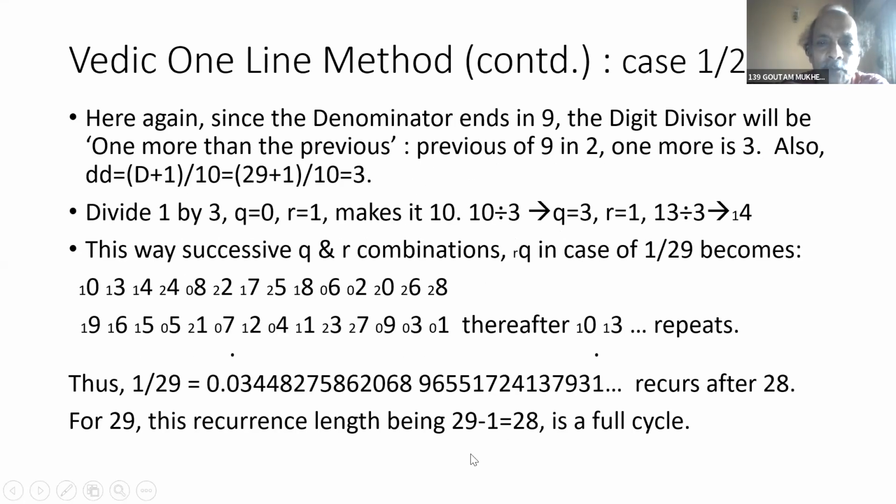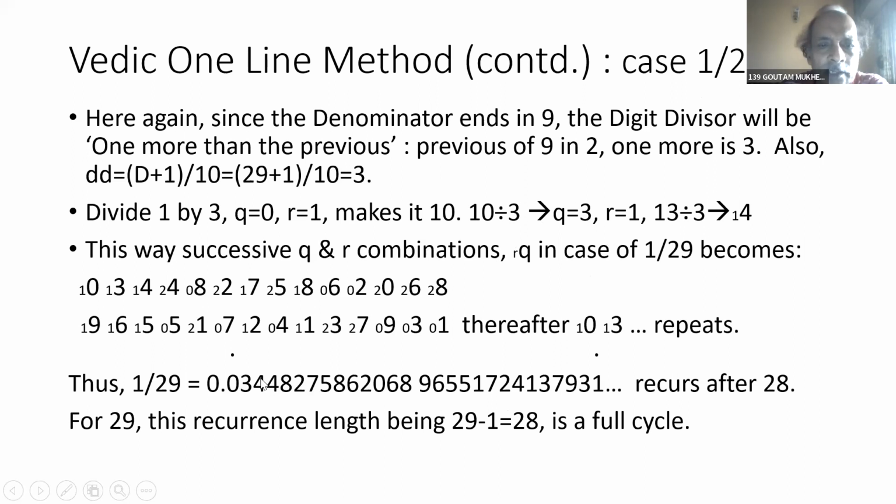So I come to 29. Suppose I do 23 by 29. I start with 23, and after 23 we divide by 3, because for 29 the divisor is 3: 2 plus 1 is 3, by this formula.